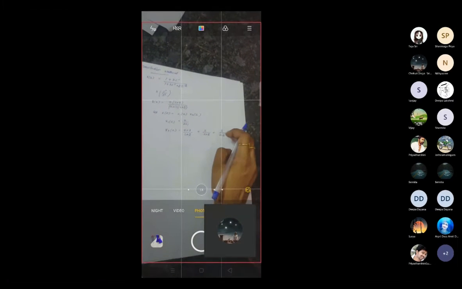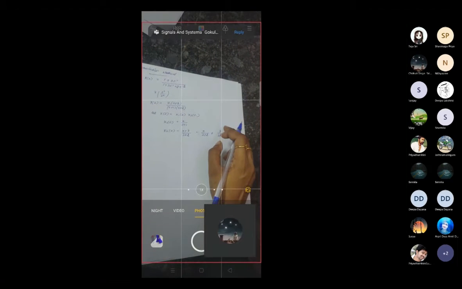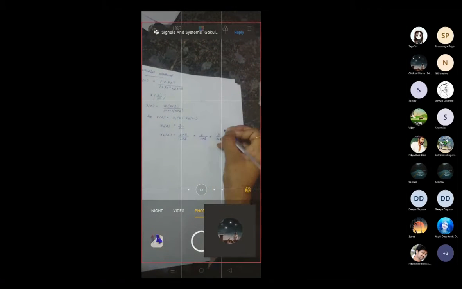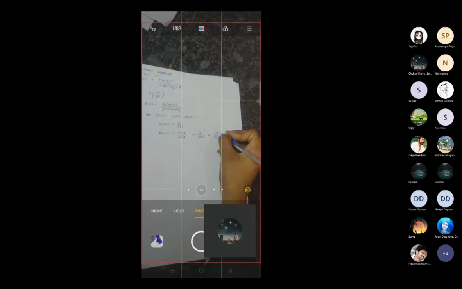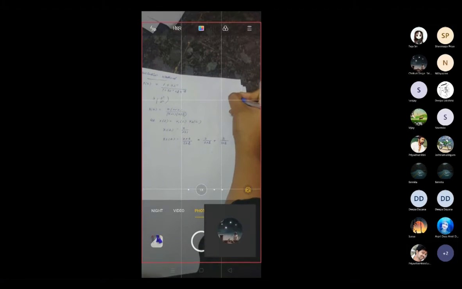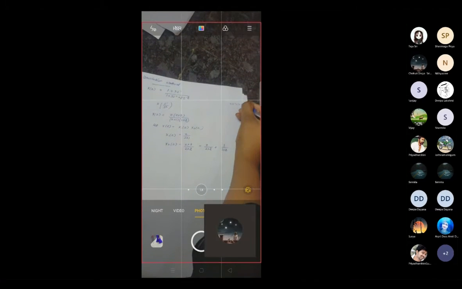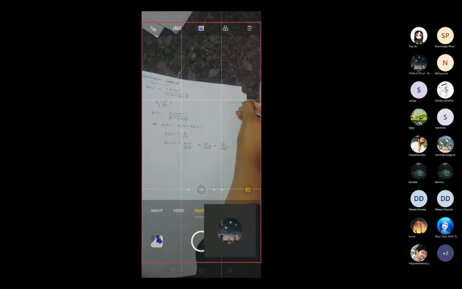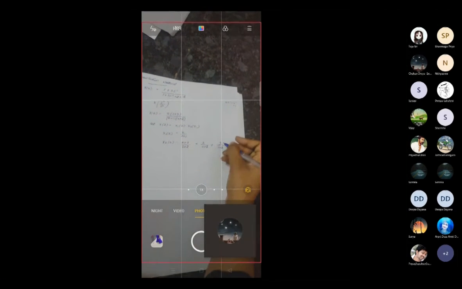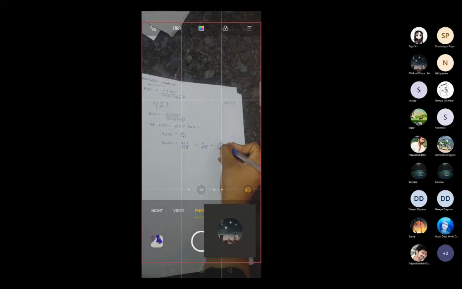Every term should be in the form of z, but here it has only the constant value. So I am going to multiply by z into z inverse.